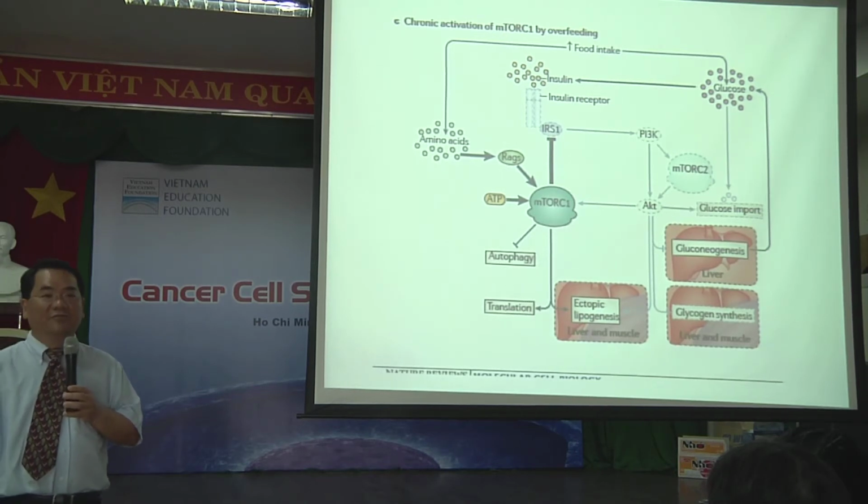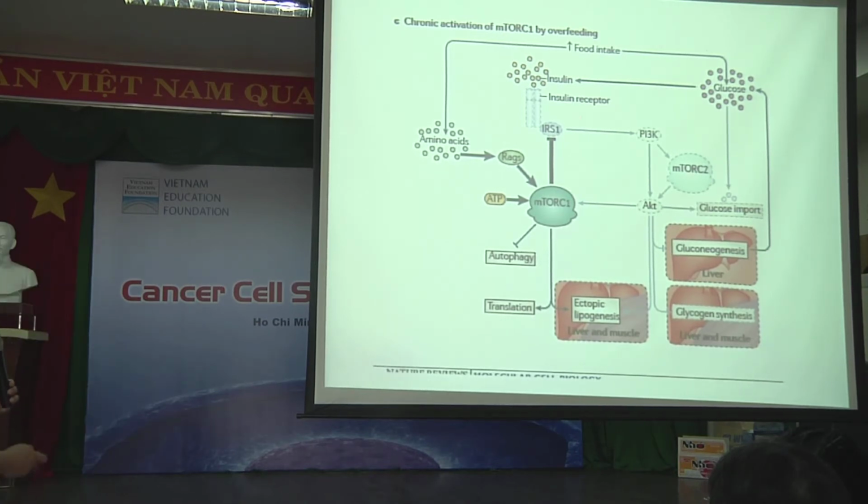And how about you eating too much? Okay? Then you will have problems. You have a lot of glucose, you have a lot of amino acid. These amino acids will activate mTORC1. The mTORC1 has a feedback regulation, blocking the IRS1. So all this insulin receptor activation will be blocked.